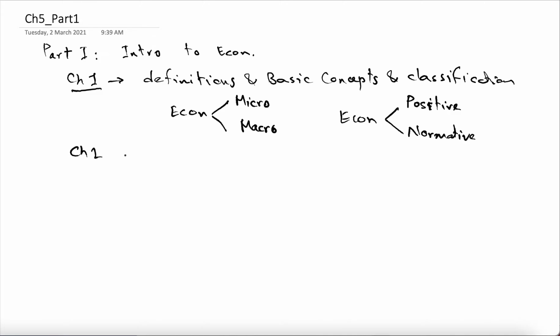In chapter 2, we brought the production possibility frontier, and again we explained the opportunity cost, we explained efficiency, and we explained trade-off. Because we are making a choice, we have trade-off, and in a visual way.